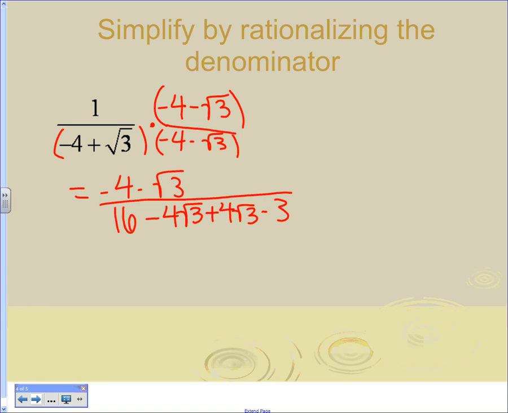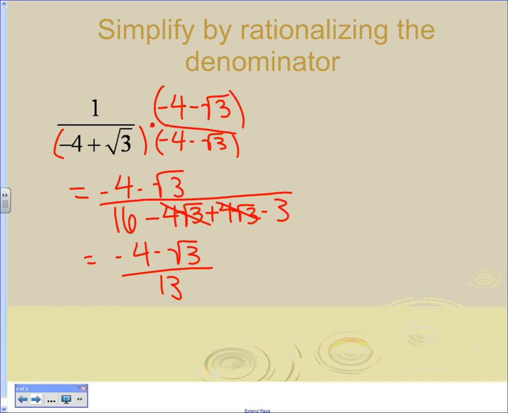Any questions on the denominator? You FOILed it. These 2 cancel. And what are you left with? Do we have a radical in the denominator anymore?